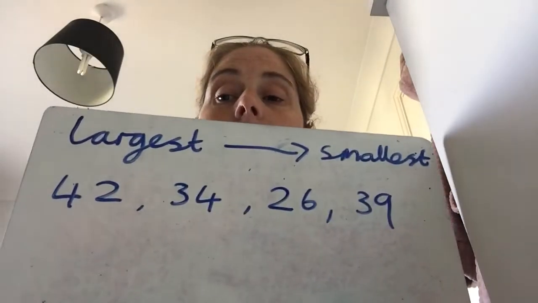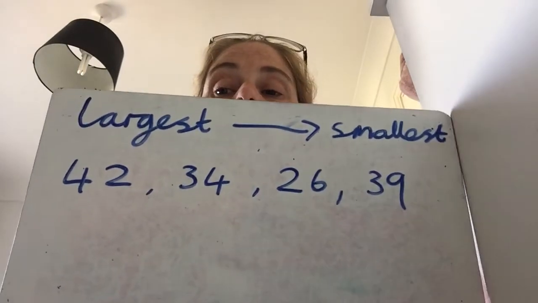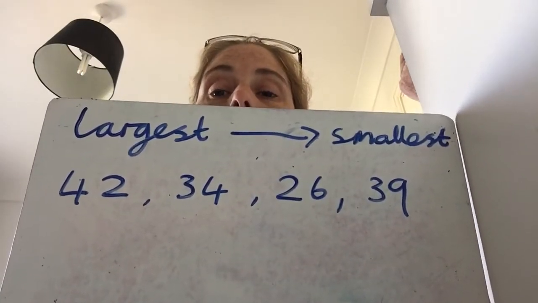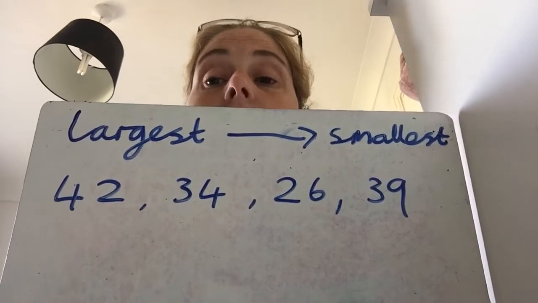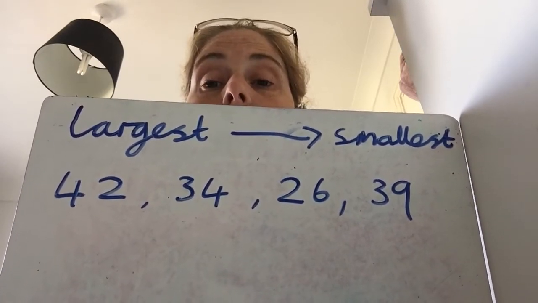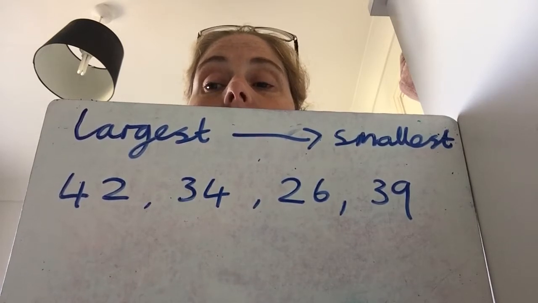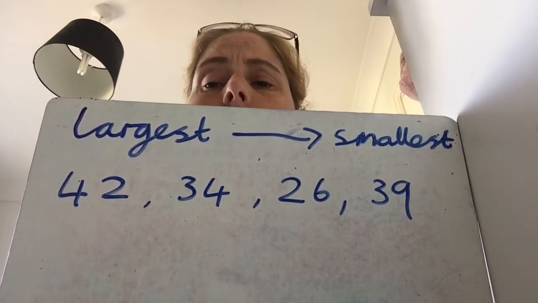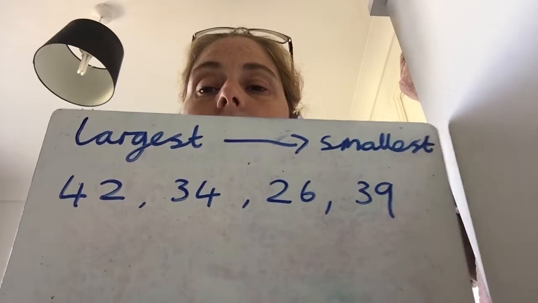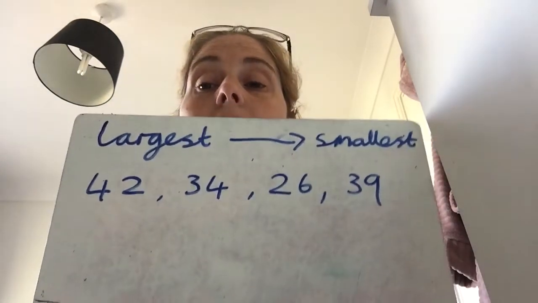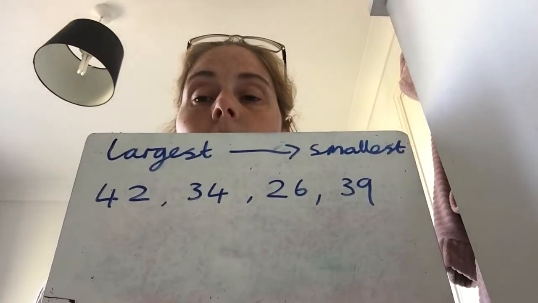How would you order these numbers? Okay, there they are. There are your 4 numbers. Write down how you would order them. Pause the video if you need to give you time to do it. I would also like you to explain to your adult how you're doing it. What have you done? What did you look at first to help you order the numbers?